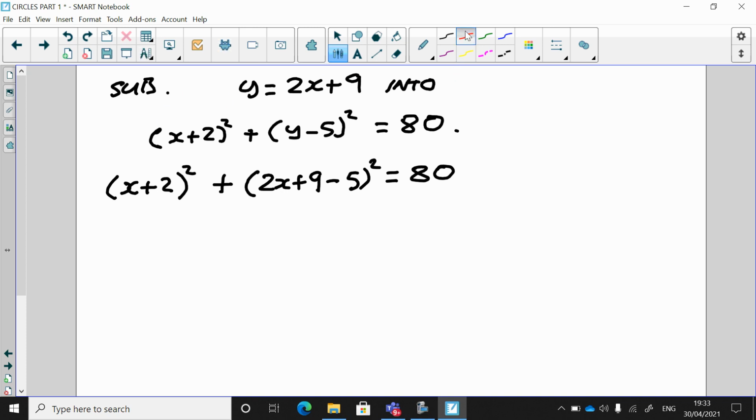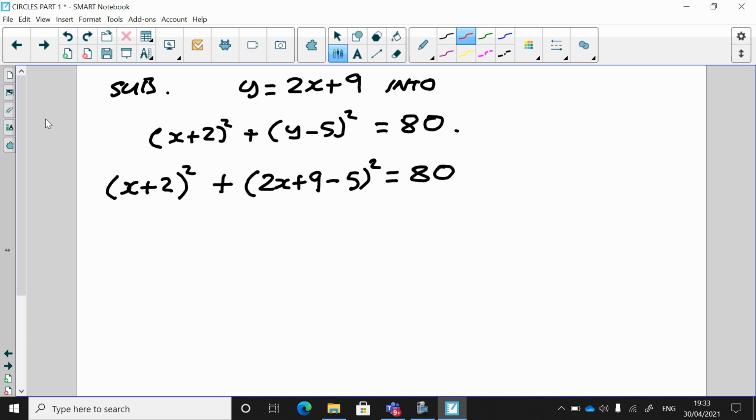Again, 2x plus 9 was a y value, and that's why it's going in there. Everything else has stayed the same. That means we actually eliminate y, and everything is now in terms of x.